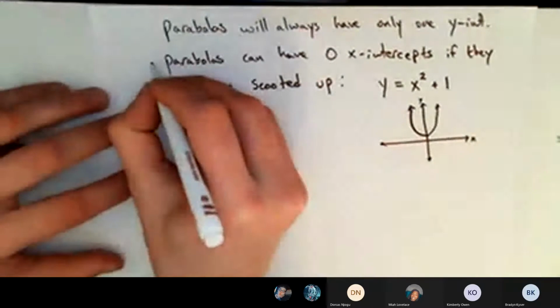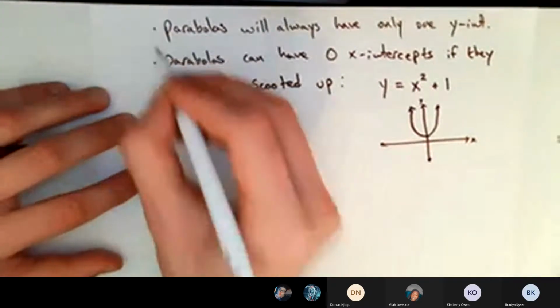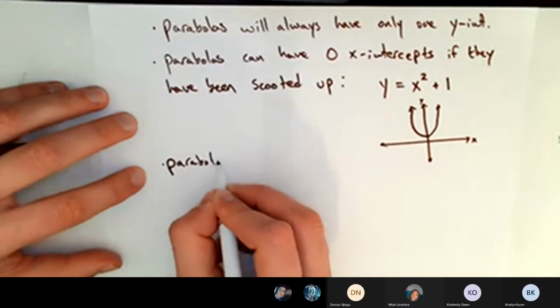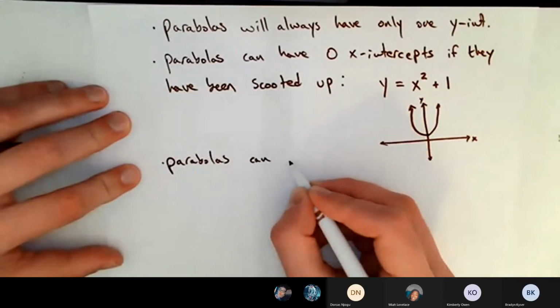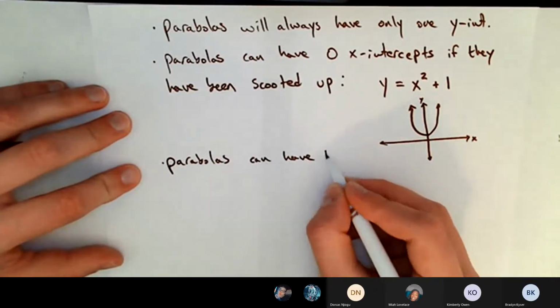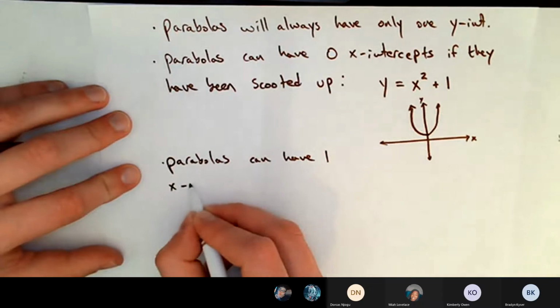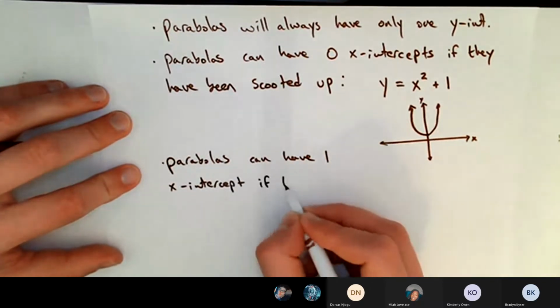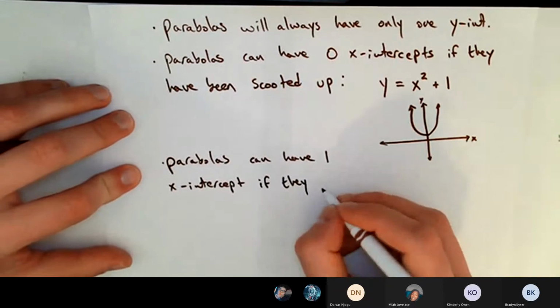What is the other case? There are 2 more cases for x-intercepts. Parabolas can have, like the one we just looked at, one x-intercept, if they have not been scooted up or down.